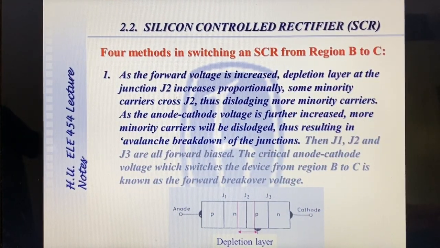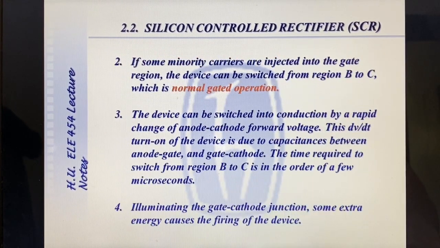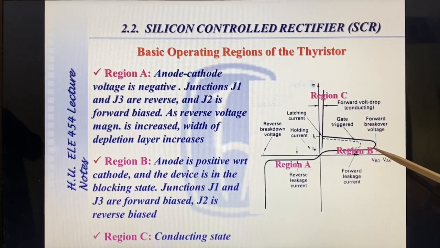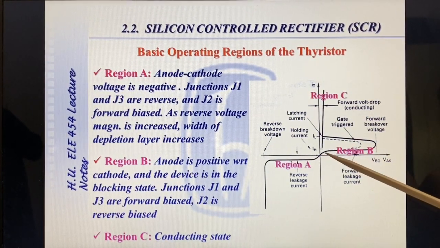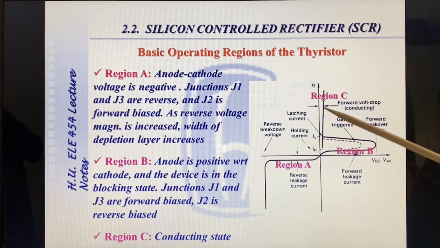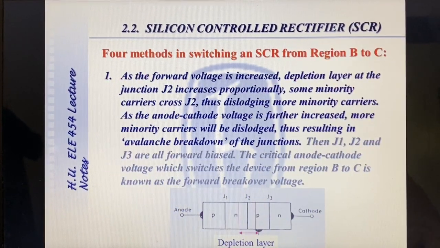There exist 4 methods in switching an SCR from region B to region C. Remember that region B is the forward blocking region. So this is the region here. Beyond this point, forward conduction starts in region C. So how to switch from region B to region C?